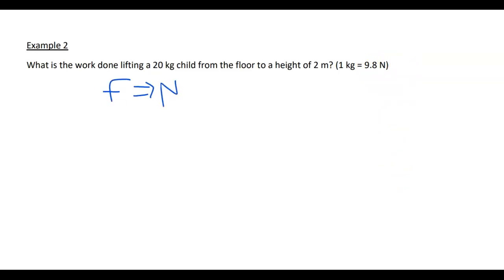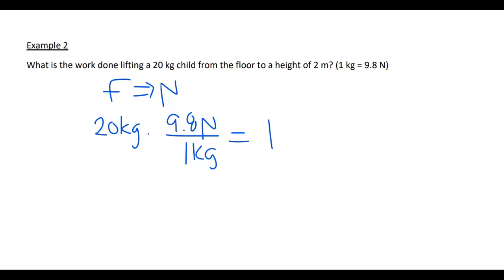So let's go ahead and convert 20 kilograms to newtons. So that's 196 newtons. And I basically want to know what is the work done to take 196 newtons and move it up 2 meters.